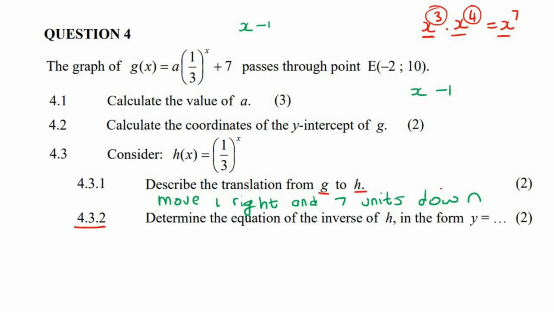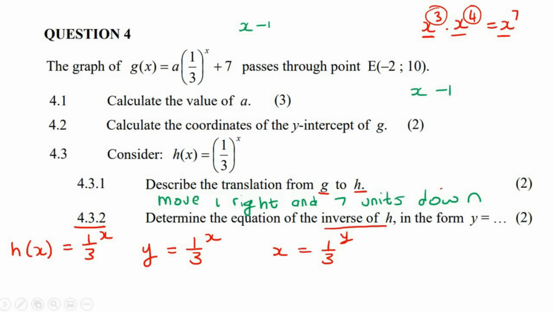This question says, determine the equation of the inverse of h. Okay, so we know that h is a third to the x. When I do inverses, I like to change it to a y. Now the first step with inverse is, remember, you switch x and y around. There we go. And then you need to get the y value by itself again.